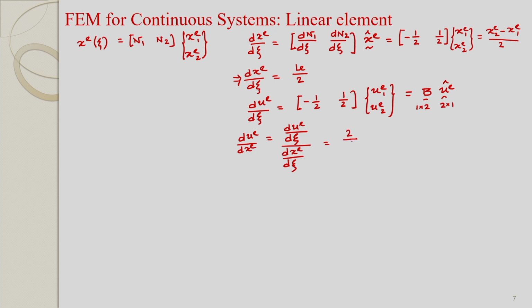So, it will be 2 by Le and d ue d xi is B ue hat. So, this is your d ue dx, and in the same way you can derive d ve dx as 2 by Le B ve hat.